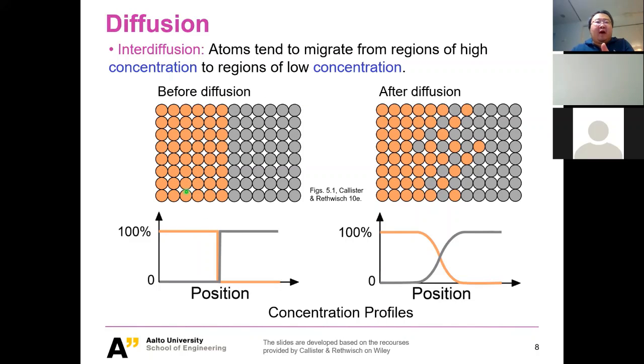At the beginning, we have 100% of A on the left side and 100% of B on the right side. After diffusion, A and B are mixing, and they go from the high concentration side to the low concentration side. I'm giving you this as a kind of rule, but the deep reason is very complicated.